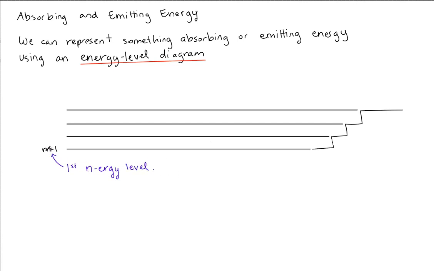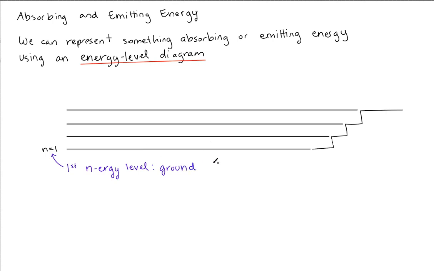And actually, the first energy level, we're going to give it a special name because we're talking about just one ball. We're going to start using this idea of what is called a ground state, okay? Now, it's not always quite so simple as just saying, oh, it's the bottom one.